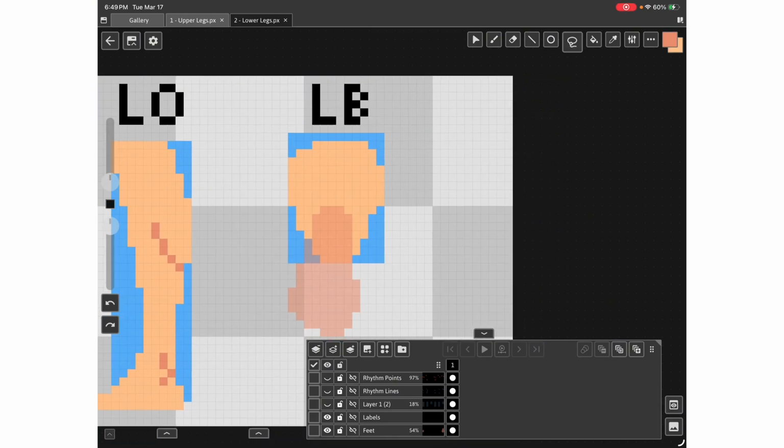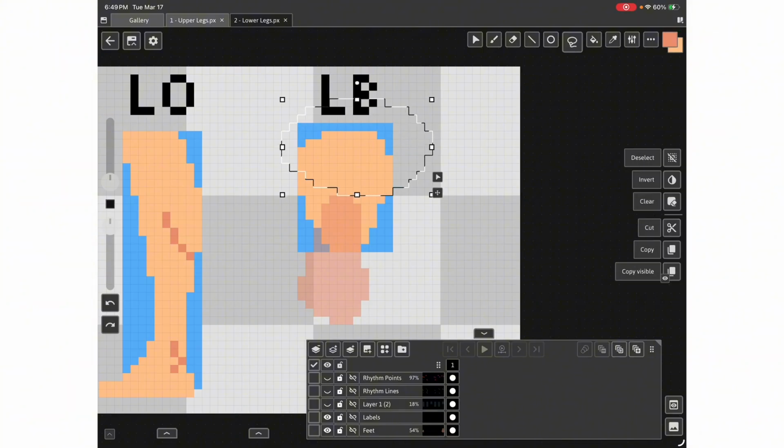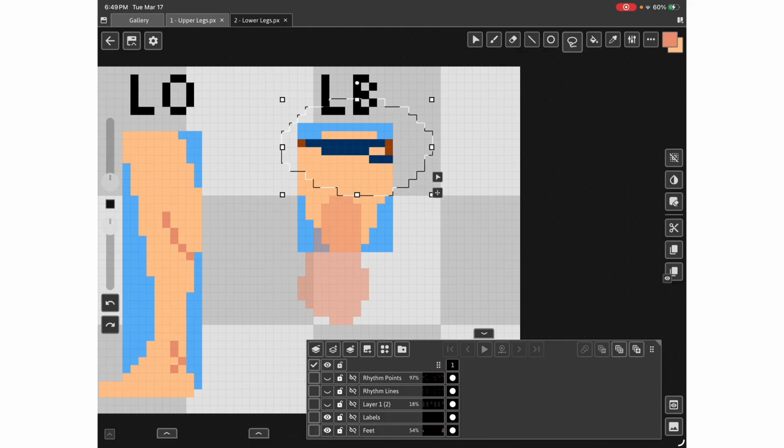So for this leg, what we want to observe is that there is a curve. It's very subtle though, from right over here. And notice how the outer part is higher than the lower.